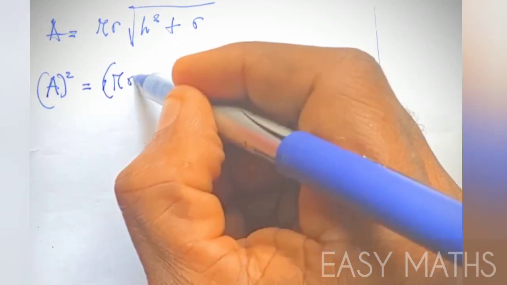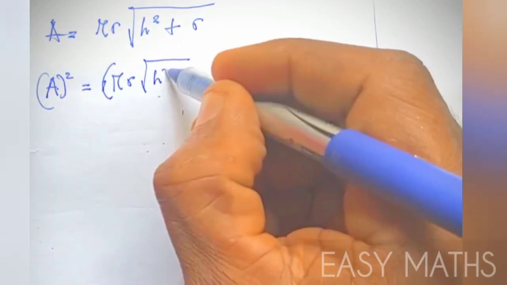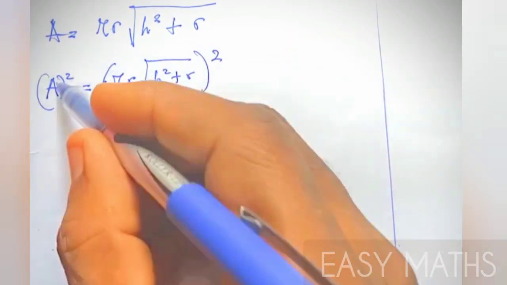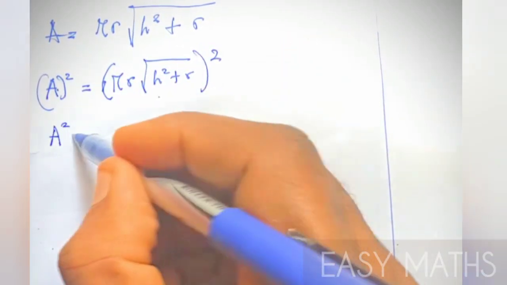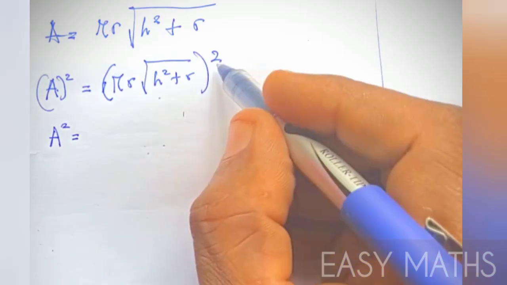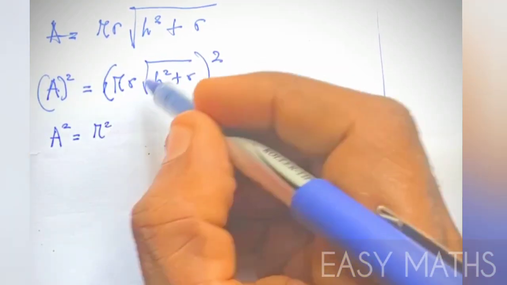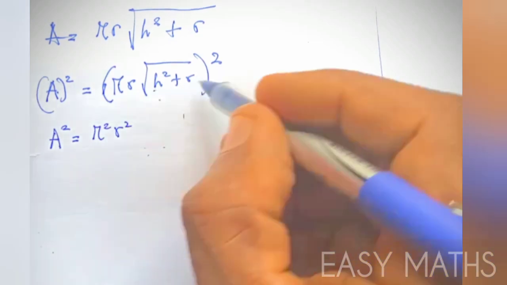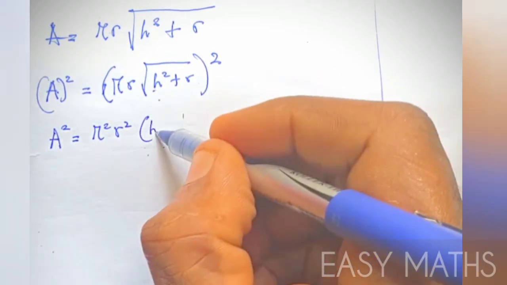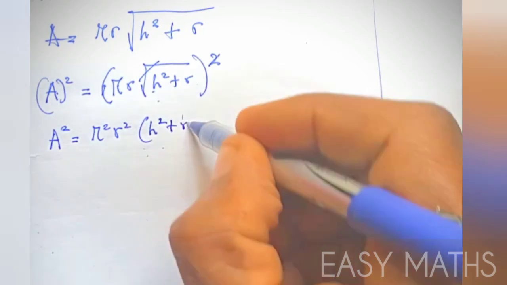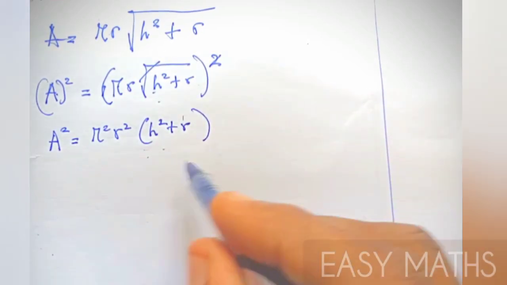Bracket, bracket close, square. Remove the bracket, we have a squared, and once we square this, we have pi squared r squared, and put these two in bracket. This square will cancel the square roots. Okay, this is where we are.